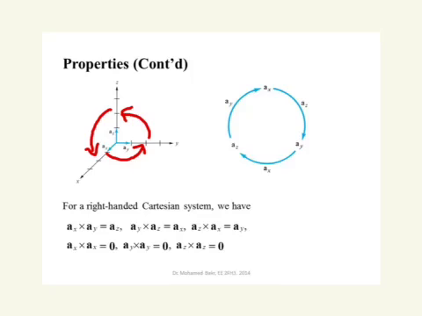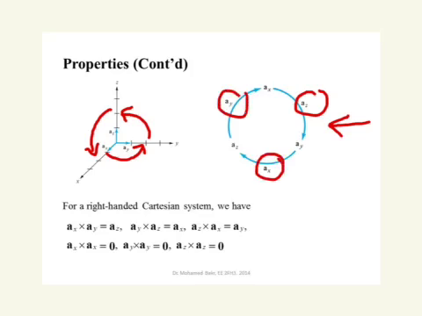So ax cross ay gives az, ay cross az gives ax, and az cross ax gives ay. And you should remember this cycle, this circle. Ax cross ay gives rise to az, ay cross az gives rise to ax, and az cross ax gives rise to ay.